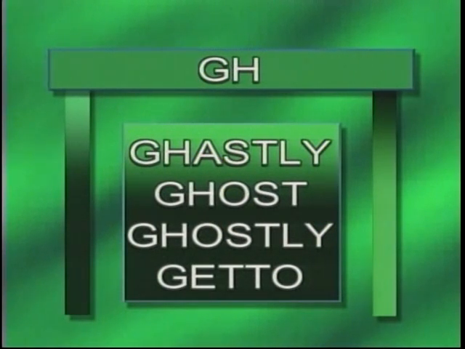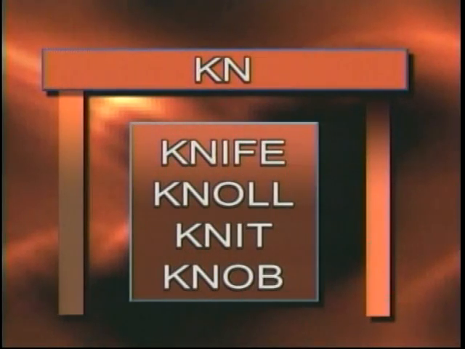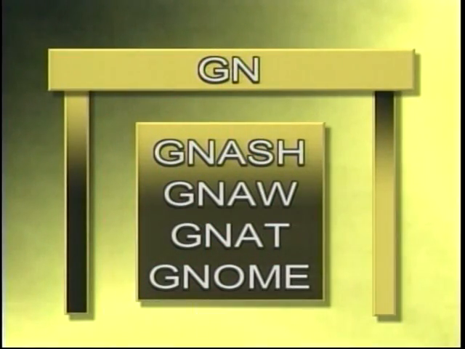Ghastly, ghost, ghostly, ghetto. When the words begin with KN, you just hear the N, as in knife, knoll, knit, knob. When the words begin with GN, you just hear the N, as in gnash, gnaw, gnat, gnome.